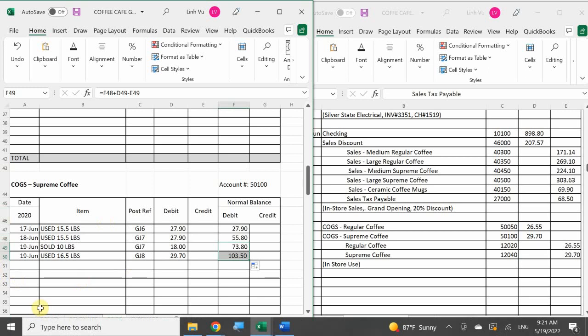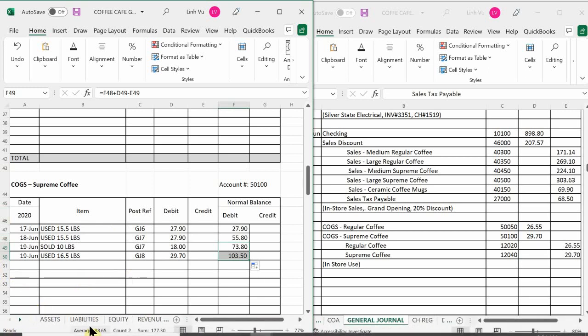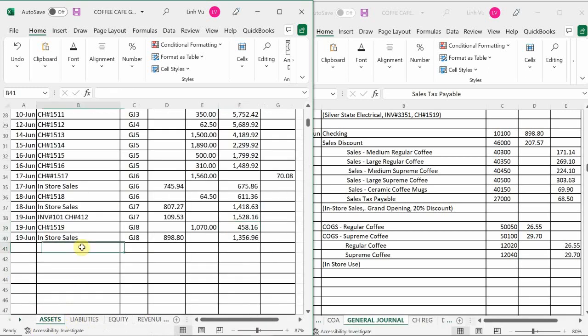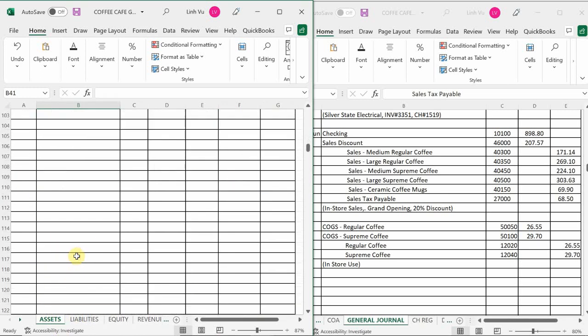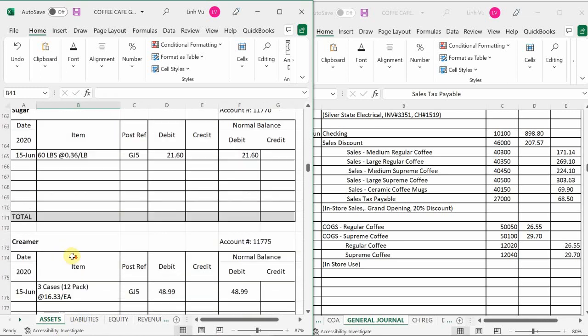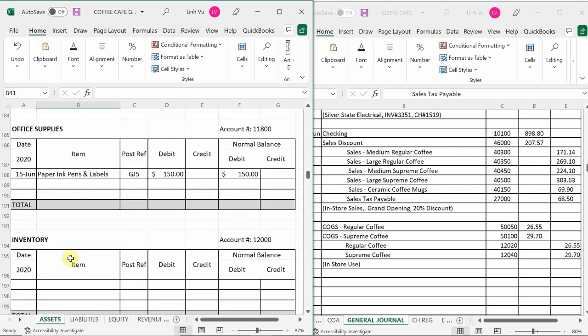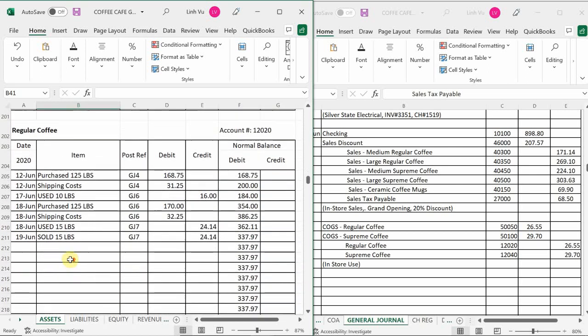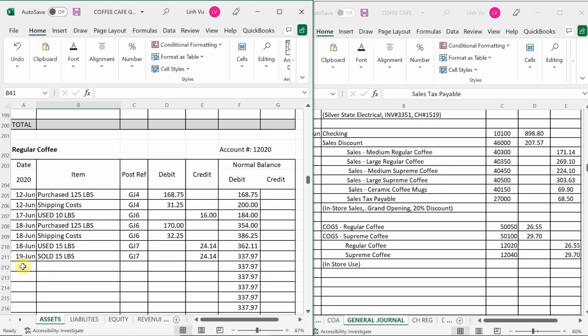Right? So now I need to update my coffee accounts so it reflects what I have in my inventory worksheet. Okay, so inventory, here you go, regular coffee.